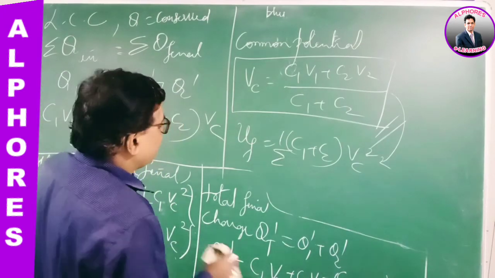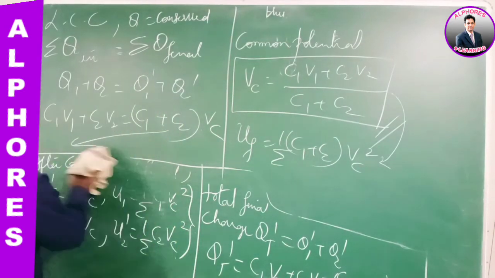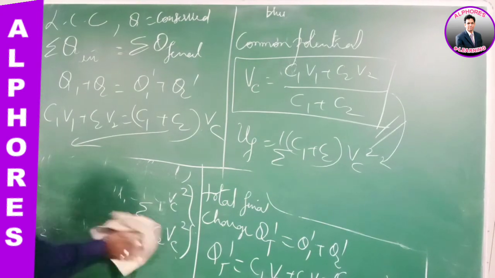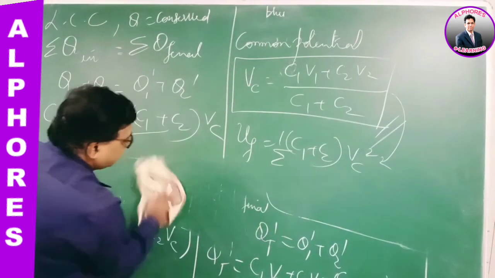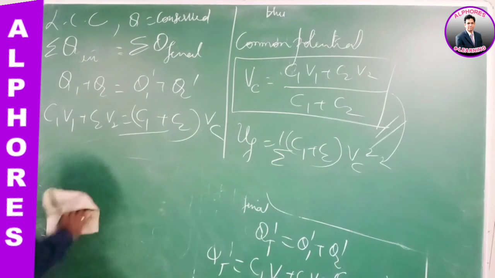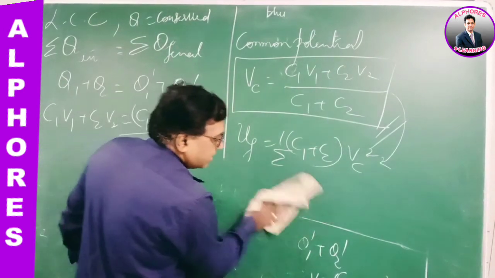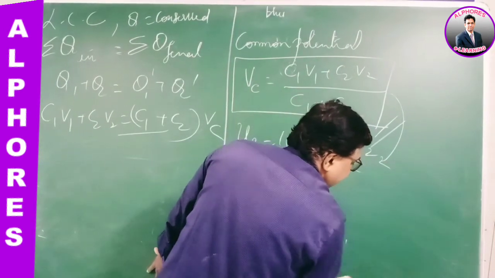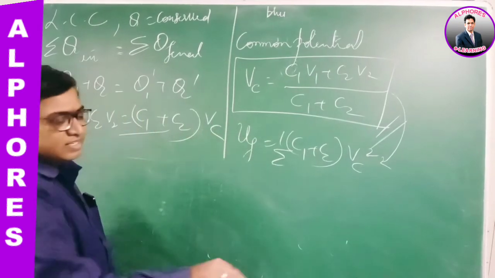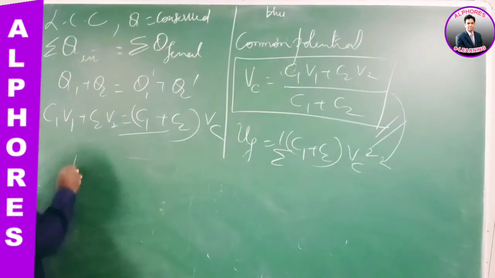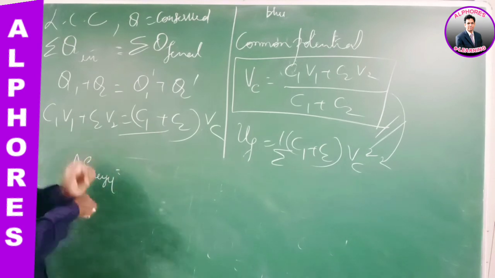Now in this process, charge is conserved, but some of the energy is lost. Charge will be totally conserved, but the initial energy and final energy are not equal. The energy is lost in the form of heat.